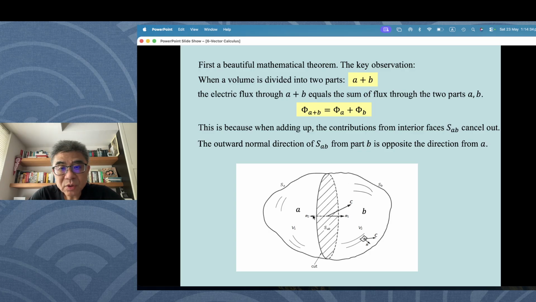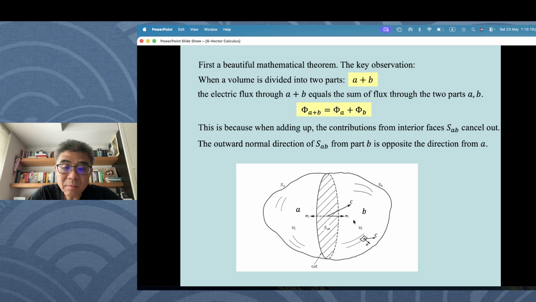The reason is simple. If you add phi A and phi B, the contribution from the interior faces, we call it SAB here, cancels out. You can see there's a SAB, that's the overlap of the two regions A and B. Looking from part A, SAB is part of the surface with the direction pointing from inside to outside, so it would be N1.